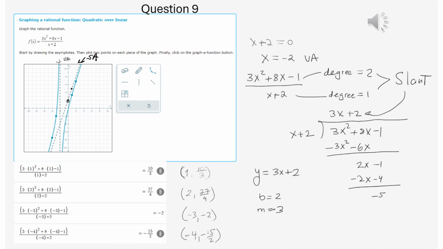Then the complicated part, not complicated but long, is plugging in values in the different pieces of the graph. For example, I select 1, plugging 1 into the original, and it gives me 10 over 3. You type it in like a fraction, not a decimal. One more, I select positive 2, comma 27 over 4.